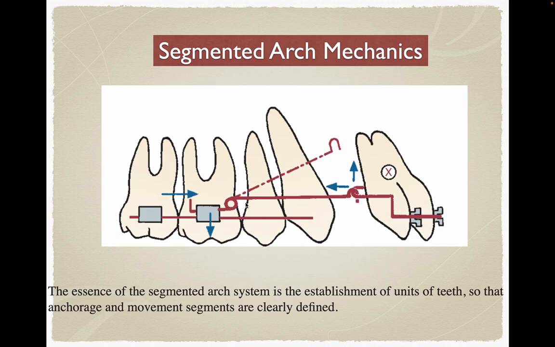And then you attach this wire into one of the segments with a rectangular wire, and then you have one single point of force attachment to the anterior segment. By this, you have a determinate force system, and by this you will be able to calculate exactly the direction of the force and the moment of the force.